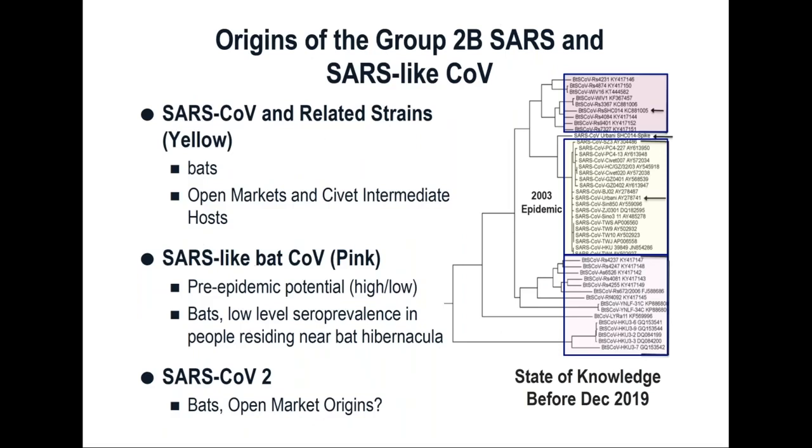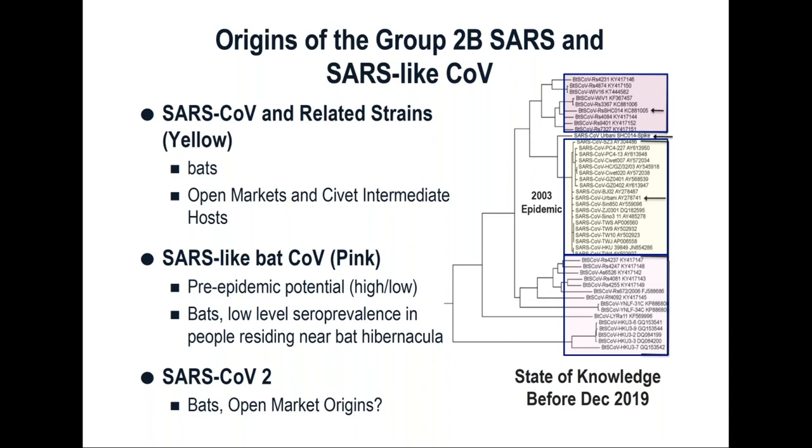So when you think about the SARS group 2B SARS-like coronaviruses, this is the state of the phylogenetic tree prior to December 2019. The strains highlighted in yellow are SARS coronavirus and SARS-related strains that emerged either during the early, middle, or late phase of the epidemic, as well as strains that circulated in civets and raccoon dogs. The Urbani strain has the arrow pointed on it in that slide.